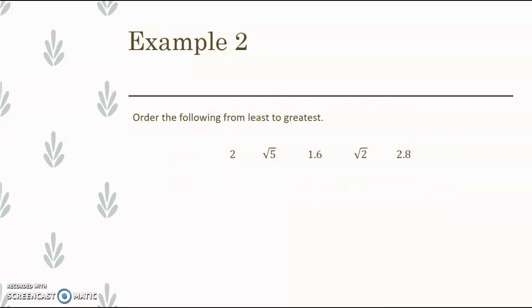So when I do the square root of 5, I know it's 2 point something, less than 2.5. So this is 2.23. And the square root of 2 was 1.41, right, the square root of 2. Yep, 1.41. And so now I'm going to order these from smallest to largest, right?